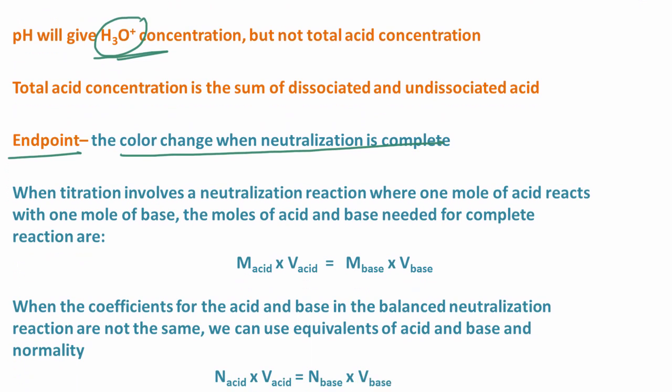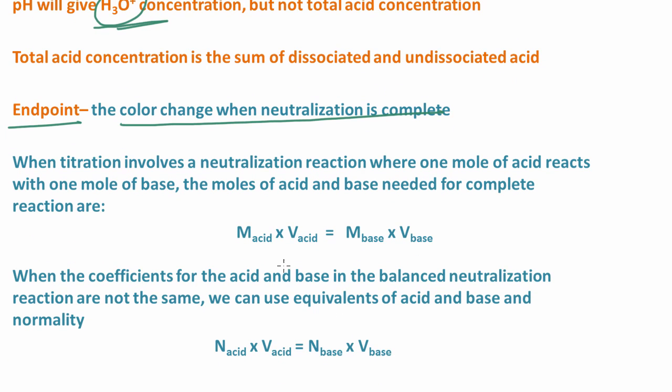Now, your book gives you these two formulas here. I don't use them, but I'll show them to you. When we do the problems, I'm going to show you an easier way of doing these titration problems. I think it's easier because you don't have to worry about remembering these things, and you don't have to convert back and forth.